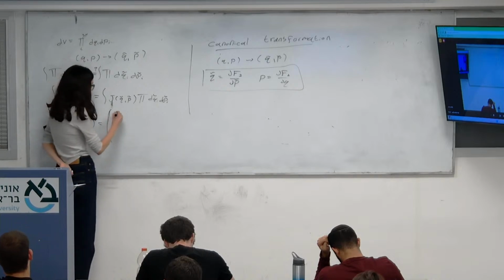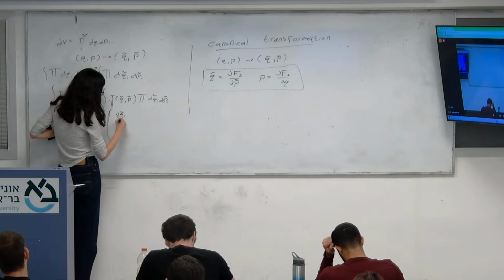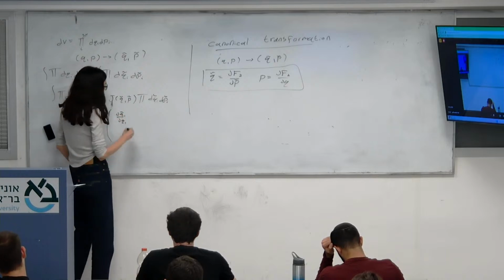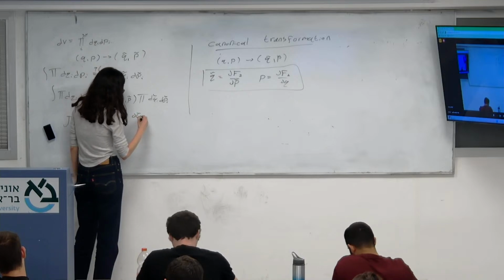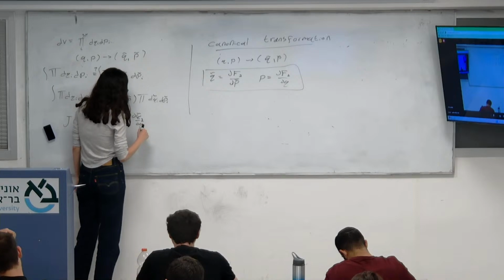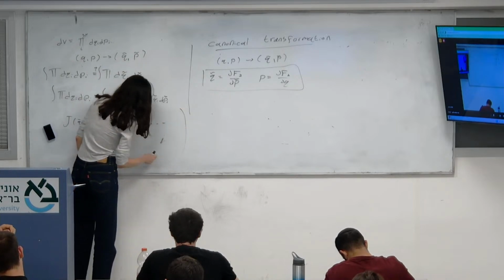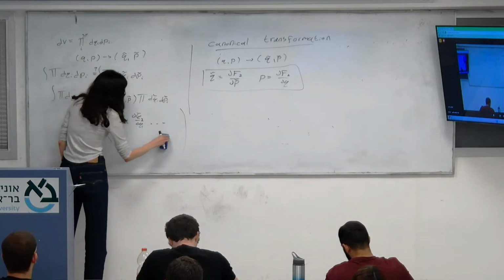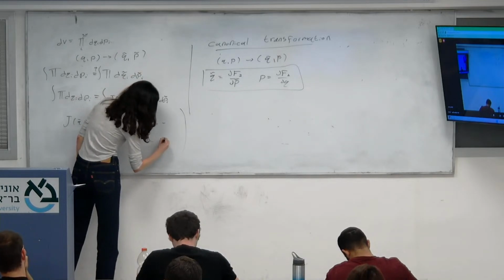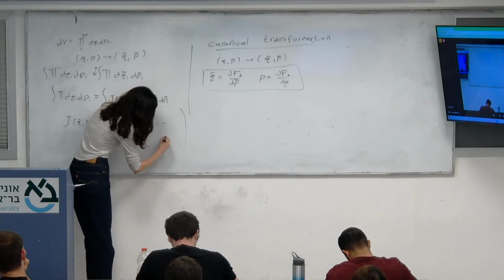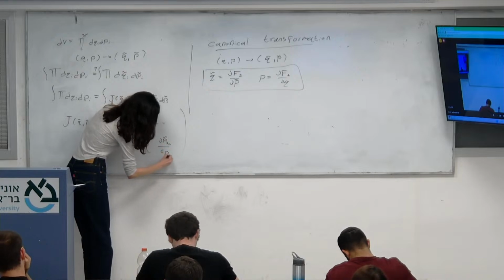So I have the derivative of Q tilde 1 with Q1 and Q tilde 2 with Q1, and in the end the derivative of P tilde 3n with respect to P 3n.